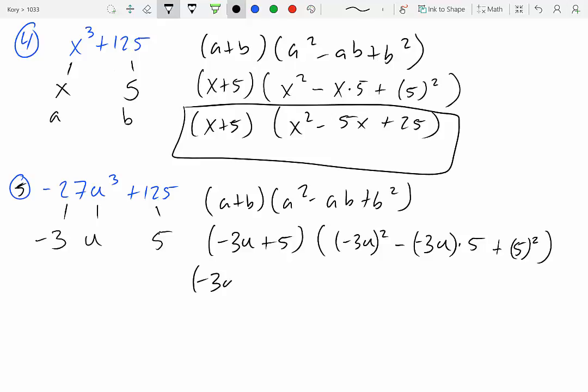So negative 3u plus 5, we need to square negative 3u, so that becomes negative 3 squared is 9, u squared is u squared. We have minus minus, so those become plus. So we have 3u times 5 is 15u. And then 5 squared is 25. Be careful on your signs.